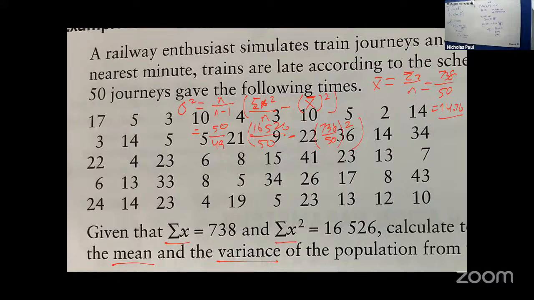What that does is just reduce the average, right? That's sigma squared. Round it to 2 decimal places.